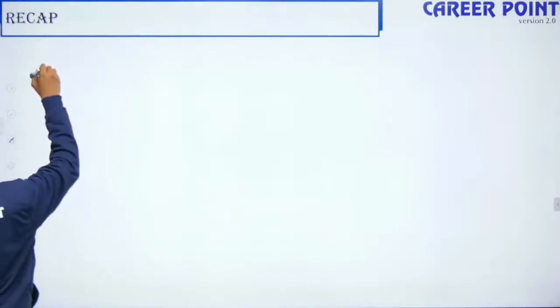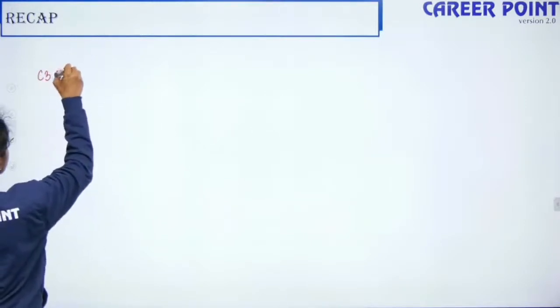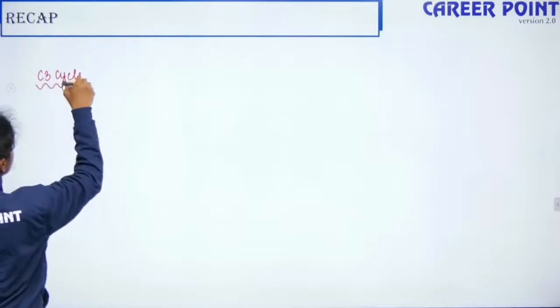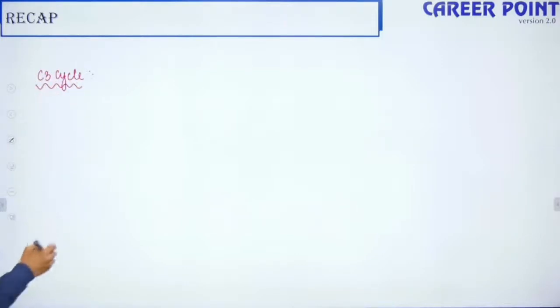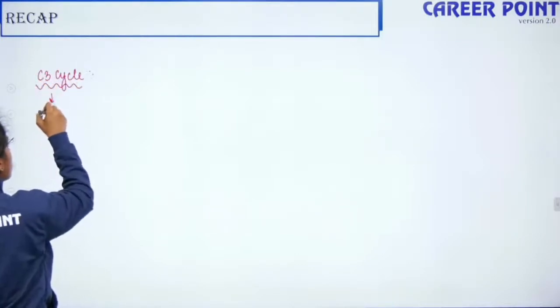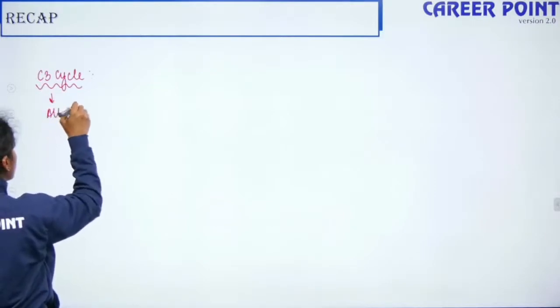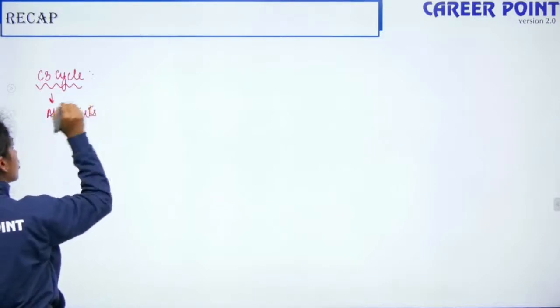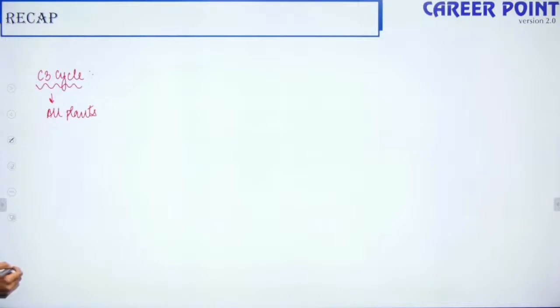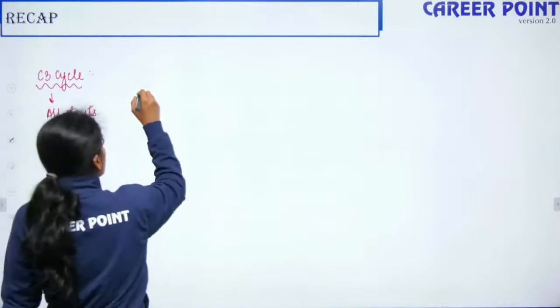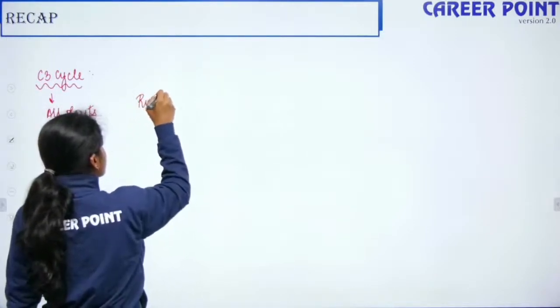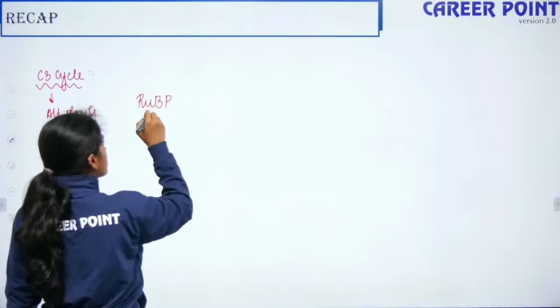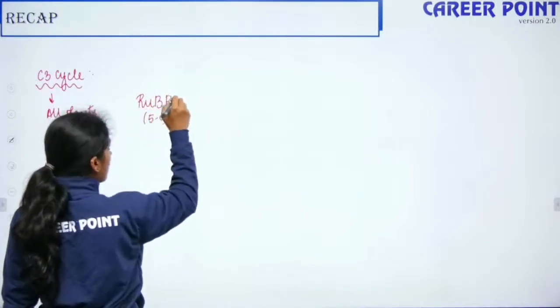So we are here talking about the C3 cycle. The C3 cycle happens in all plants, irrespective of whether the first compound is C4 or C3. Here your primary carbon dioxide acceptor is RuBP, ribulose bisphosphate, which is a 5-carbon compound.